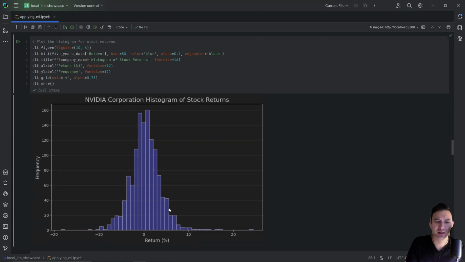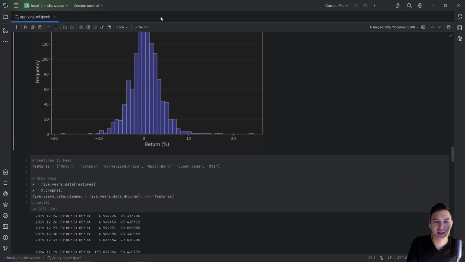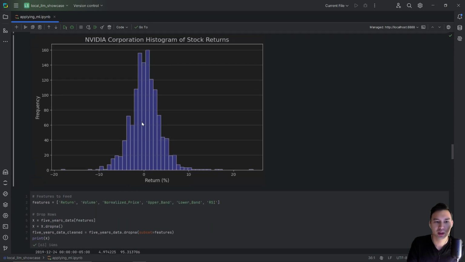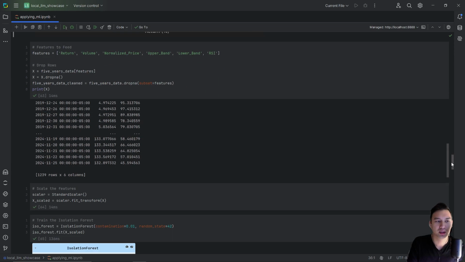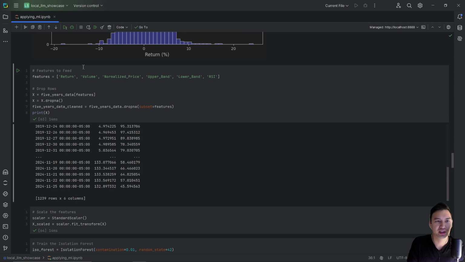But right now, this is with no transformations to the data. It looks like NVIDIA Corporation has a distribution around the mean of probably just slightly above 0 on a day-to-day basis. Okay, this is just me trying to test different features.